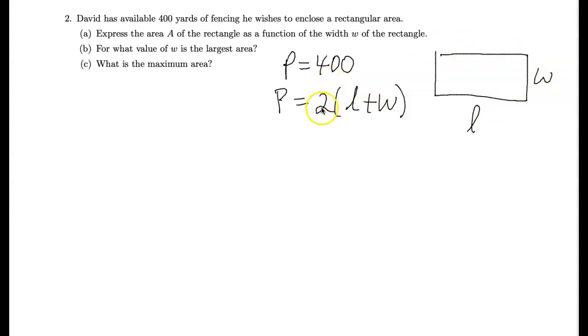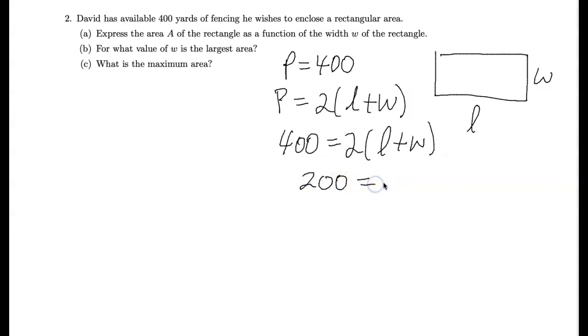I sometimes find it helpful to factor out the 2, because when I plug in my 400 for P, I want to immediately divide both sides by 2, so that I'm going to have the equation 200 equals L plus W.